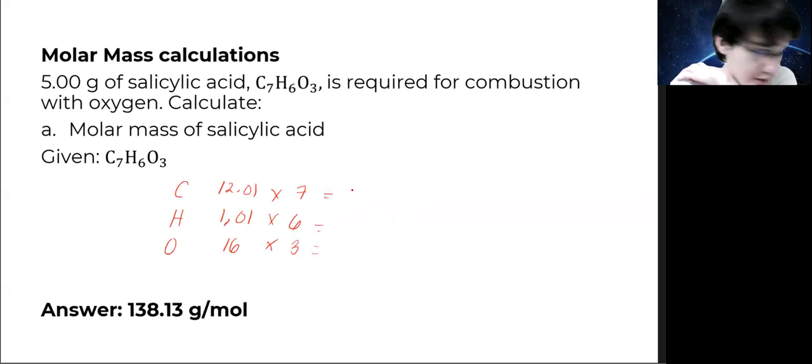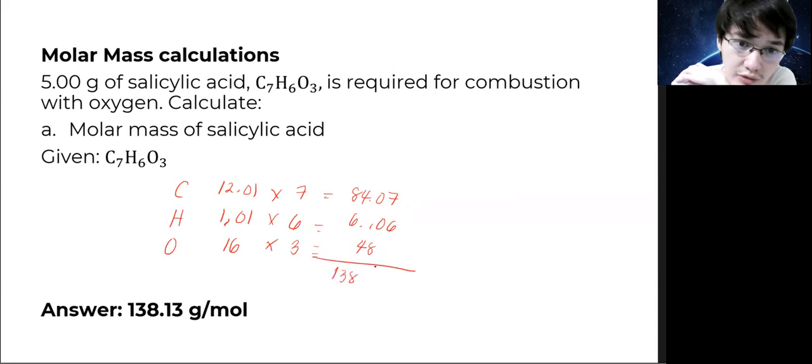So we get 54.07, 6.06, and 48. We add them together, we get 138.13 grams per mole of salicylic acid.